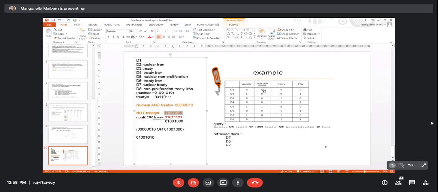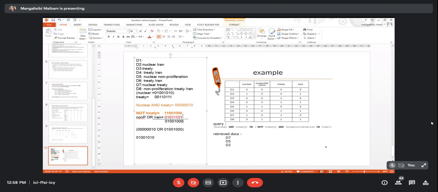So 0 and 0 it will be 0, 0 and 1 it will be 1, then 0 and 0 it will be 0, 0 and 1 it will be 1, 1 and 0 it will be 1, 0 and 0 it will be 0, 1 and 1 it will be 1. So this is the result of the OR operation for non-proliferation and Iran.